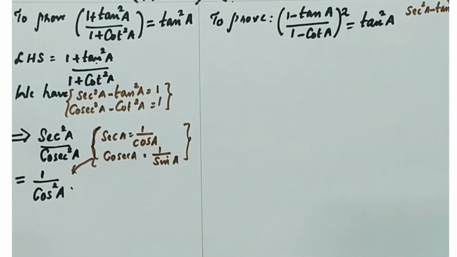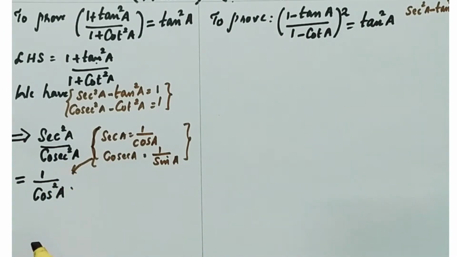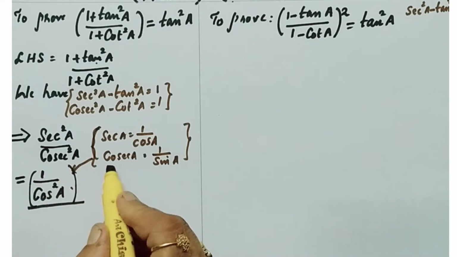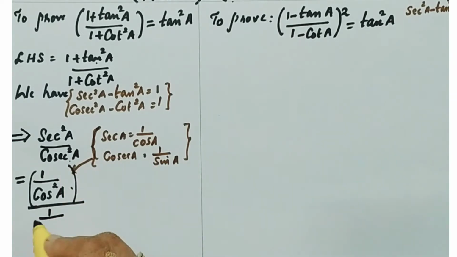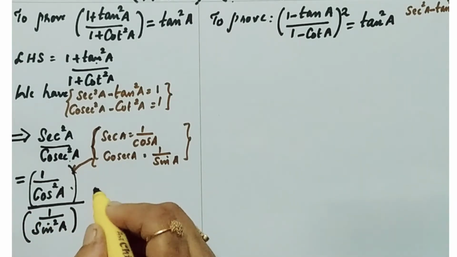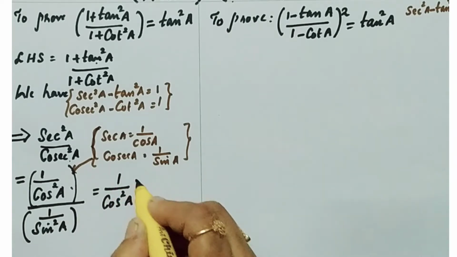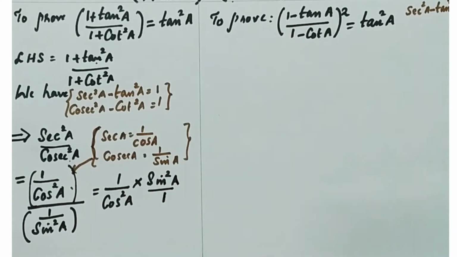Applying in this step, we can see that sec square A can be replaced with 1 by cos square A, the whole divided by cosec square A. Cosec A is 1 by sin A, so cosec square A is 1 by sin square A. You know how to divide two fractions. Write the first fraction as it is, take the reciprocal of the second and multiply: sin square A by 1 is the reciprocal of the second.